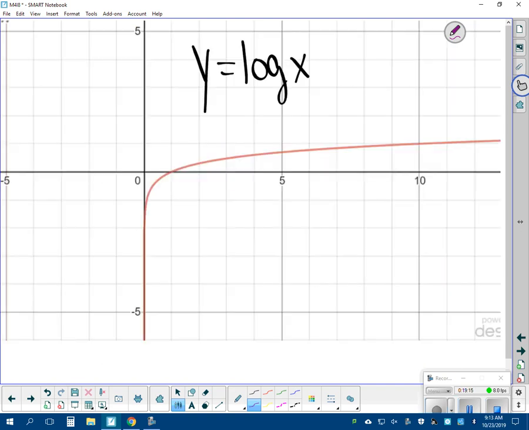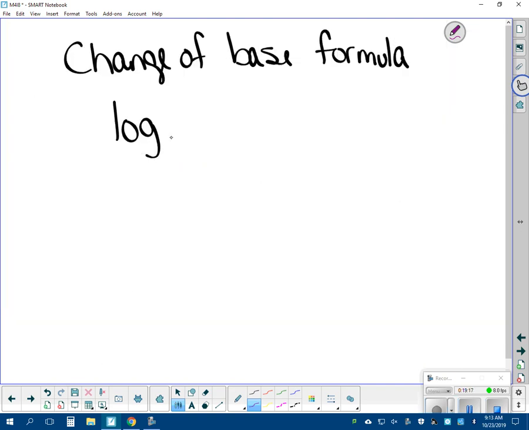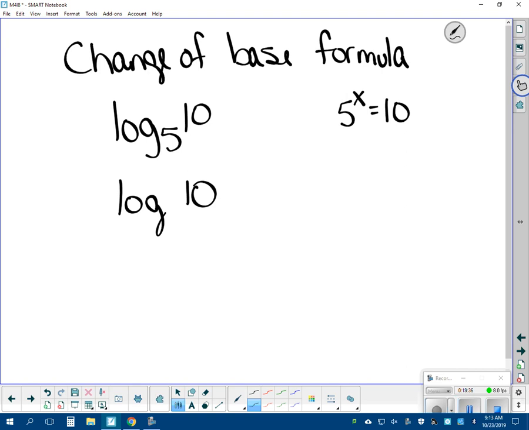Log base 5 of 10. So that's one we could not do in our heads because we don't know 5 to what power is 10. Normally on your yellow calculator, you can just type that in. If you're on a lesser calculator, what you have to do is change this into log base 10. So that's log base 10 of 10 over log base 10 of 5.